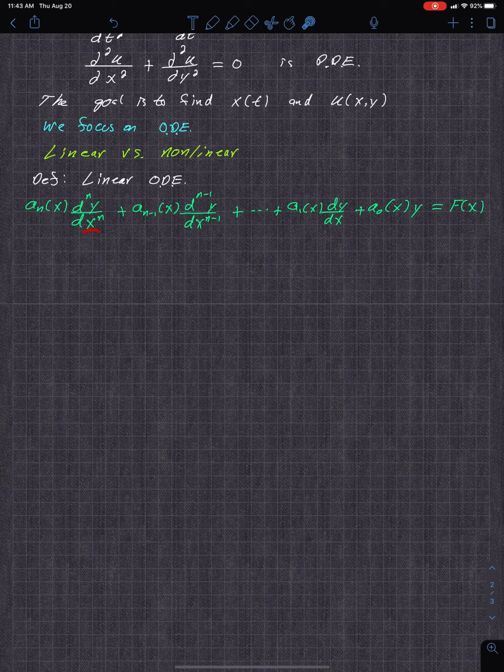The restriction really is the power of the terms, or rather the order of the differential. You can't have a y in here, because it has to be just that power. Linear ODEs are a special case, and they come up enough to focus on, but most of the time it's going to be different.